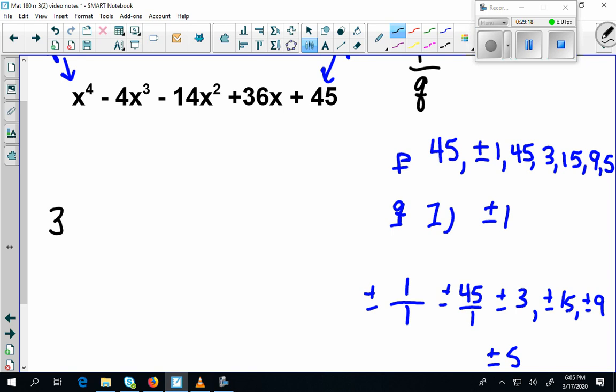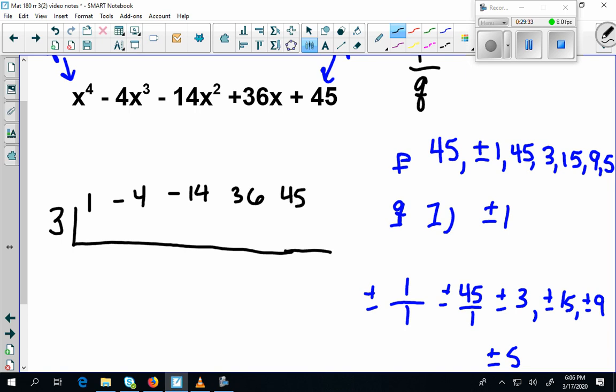So 3, 4, 3, 2, 1. I don't need any placeholders. So 1, -4, -14, 36, 45. And I want to know is 3 a 0. So I'm just going to use my synthetic division. So 1 comes straight down. I multiply.